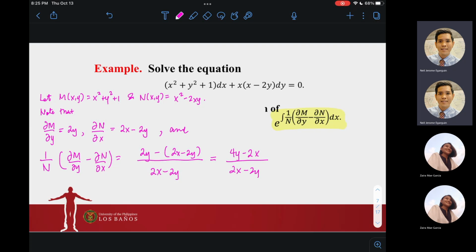Did I miss something? Partial ni M with respect to y, tama naman na 2y. Partial ni N with respect to x, so siya ay 2x minus 2y. Tama naman. Tapos isusubtract ko tong dalawa. So 2y minus 2x minus 2y.